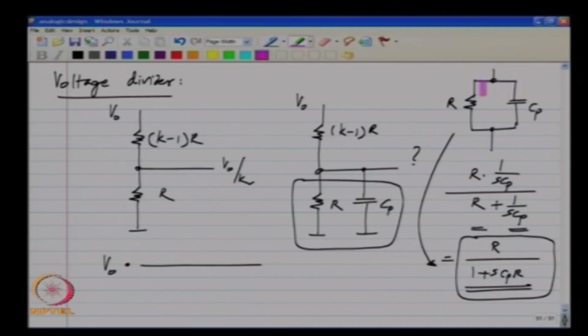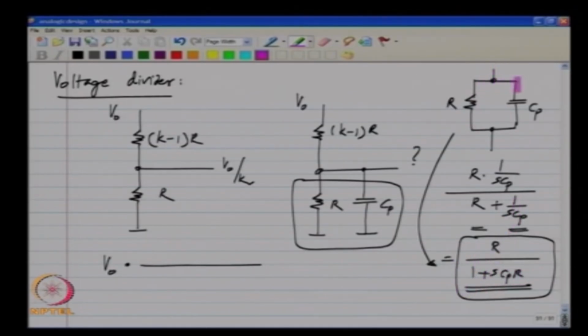So, at DC the impedance has to be R, and that we see is the case because we have R divided by 1 plus SCPR, and for DC S is 0. So, the impedance of this combination at DC is R, and at low frequencies, when the current through the capacitor is negligible, the impedance is still R. This means that the second term in the denominator is negligible compared to 1.